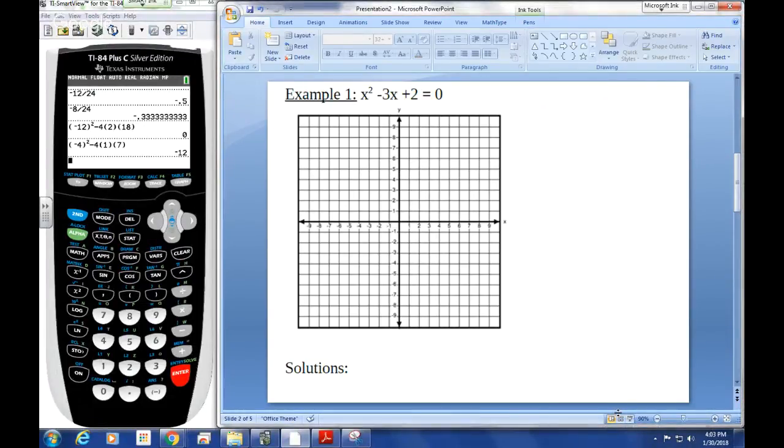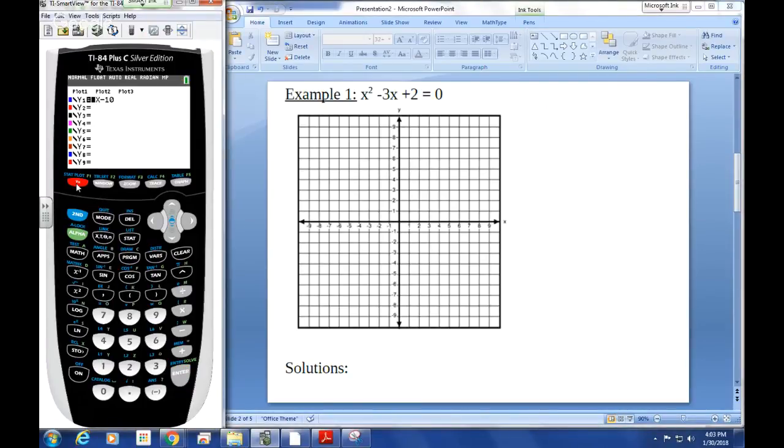We go to y equals, clear out whatever's in there, and then press x squared minus 3x plus 2, because that's our equation, and we put that in y1. And then in y2, we just put 0. That was step 2.